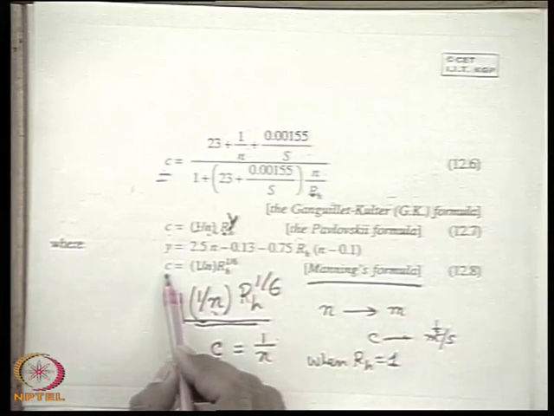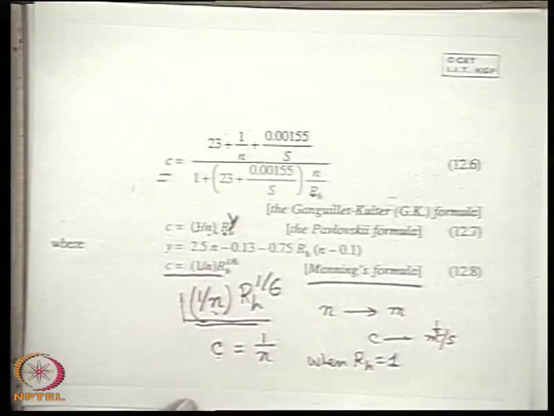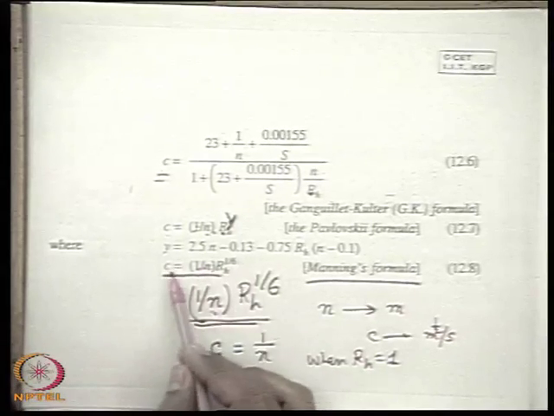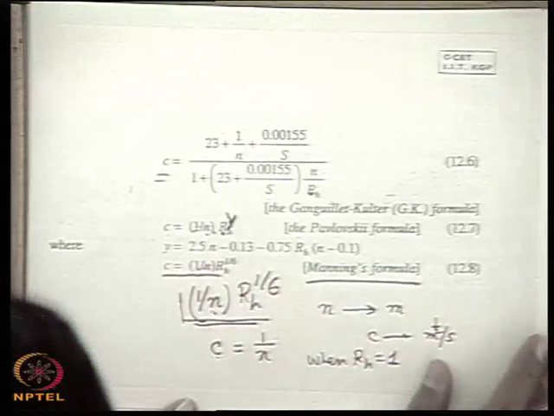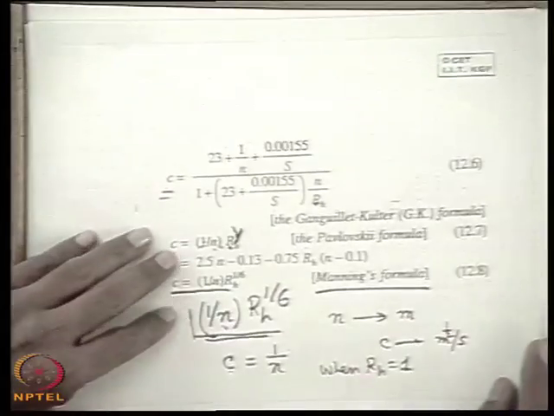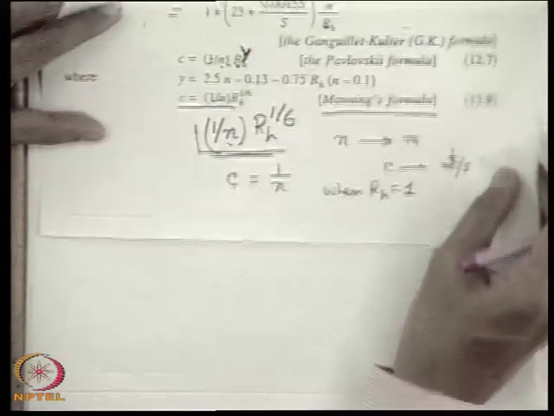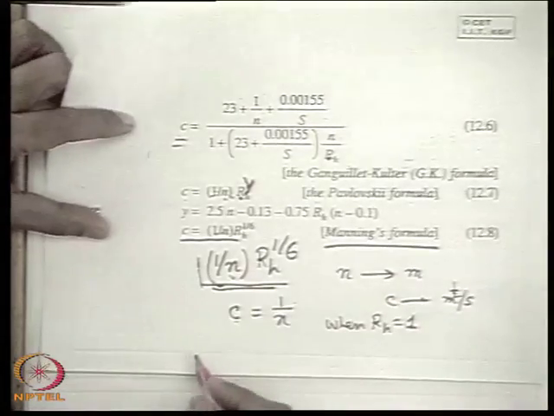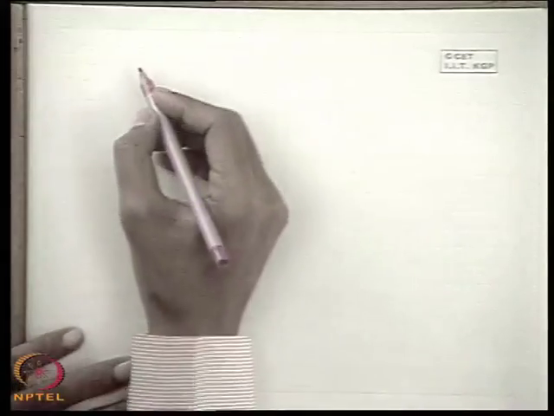Now, if we use the Manning's formula, which is the most popular one because of its simplicity and fairly accurate nature, we can write C as 1 by n RH to the power 1/6.